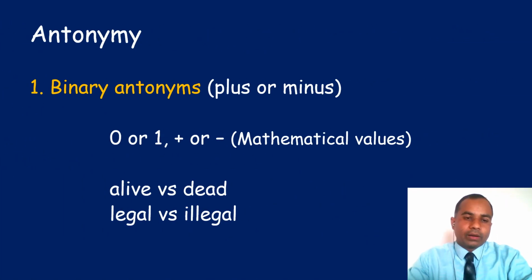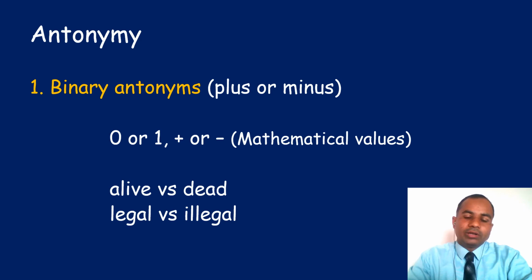Let us see antonym or antonymy. In antonymy we have three kinds of antonyms. One is of the binary kind. People from a mathematical or computer background will easily know that the computer field is based on binary relations, and all these descriptions are composed in the form of 0 or 1.